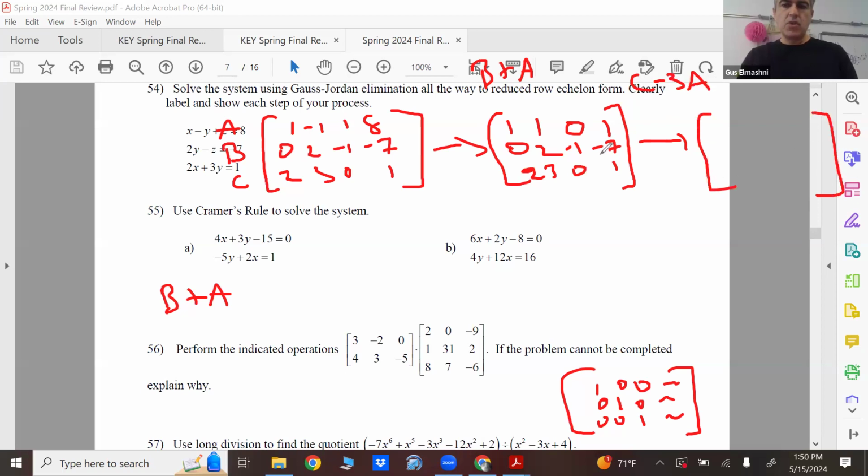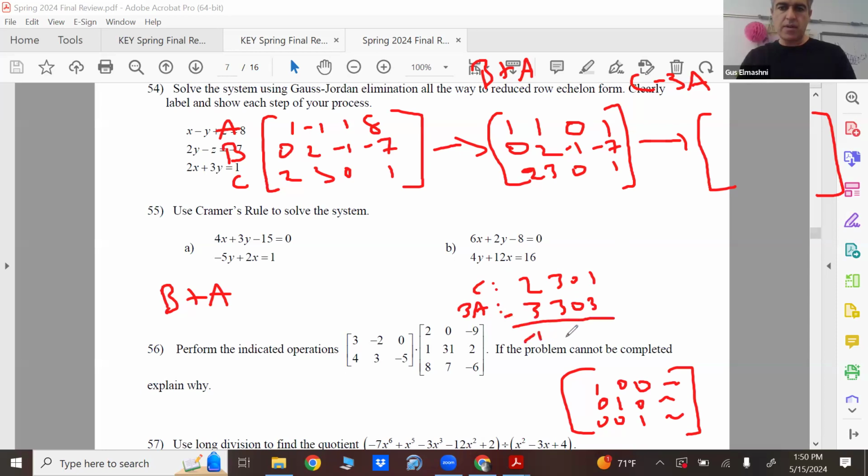Okay. So by doing that, just to make my life a little easier, I'm just going to write down here. That's C. That's 3A. 3, 3, 0, 3. Okay. So, and I'm going to subtract.